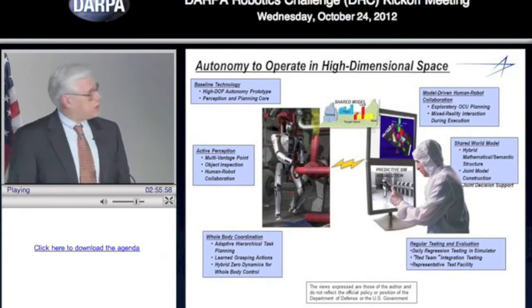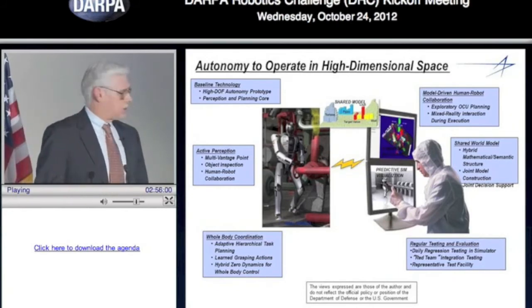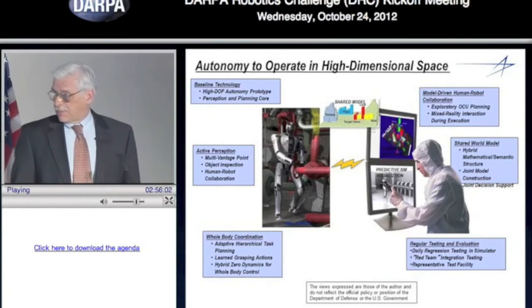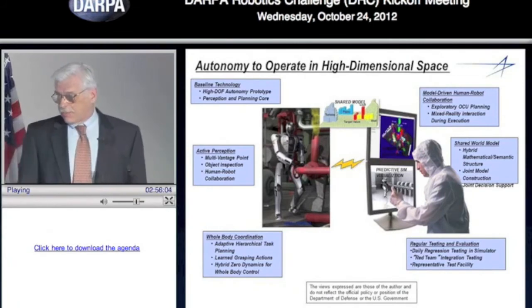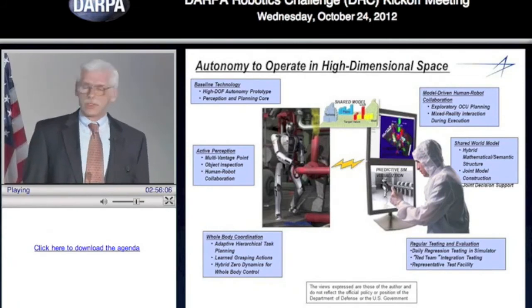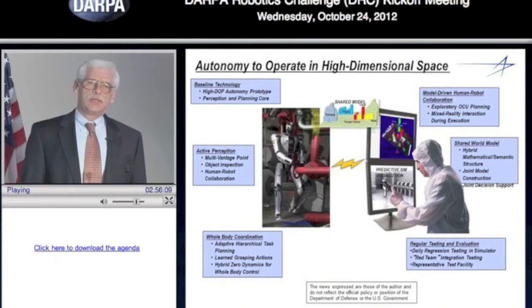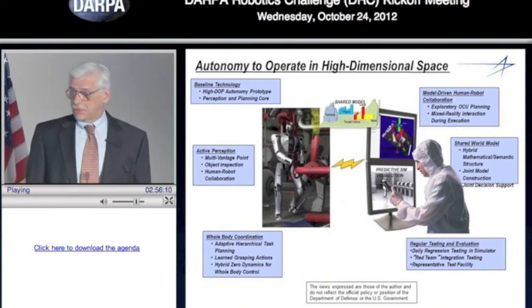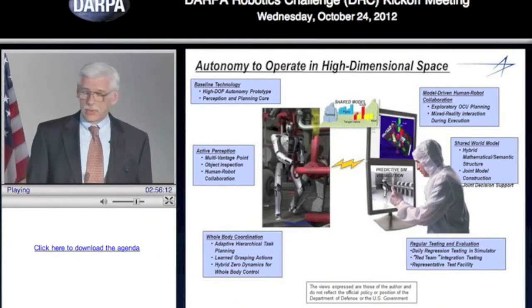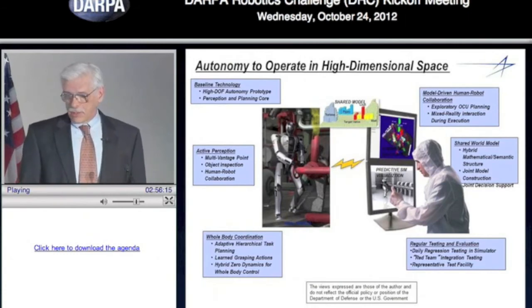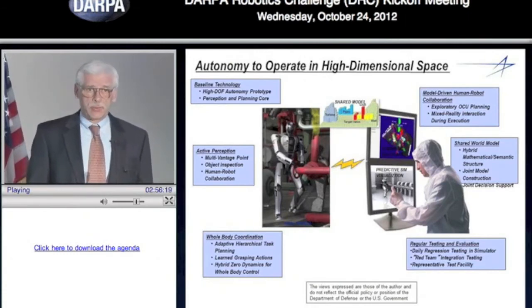We have various techniques in mind for whole body coordination that I've listed there, and in some ways more to the point, because we're looking for how to get the human in a position where he can make use of whatever it is the robot can do. We are spending a lot of effort on how we're going to have the human and the robot collaboration.